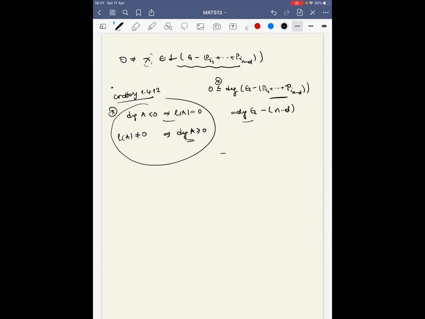And indeed, this inequality shows us that the weight of any code word is bounded below by n minus degree of G. I think I made a mistake.